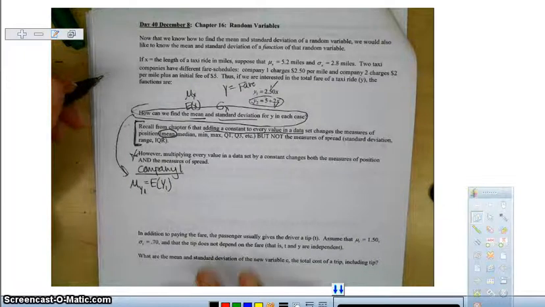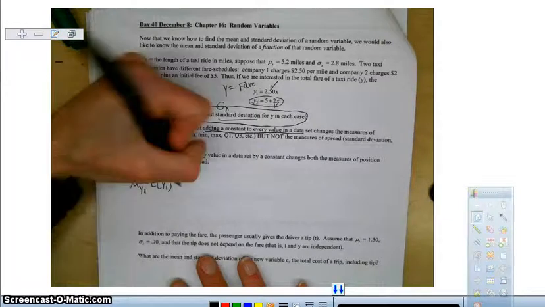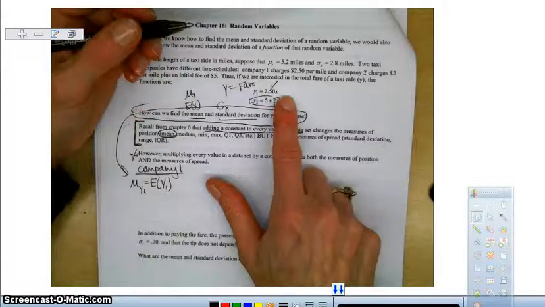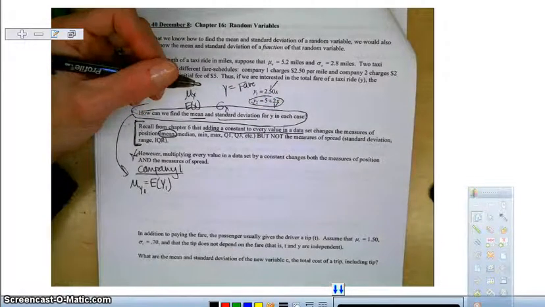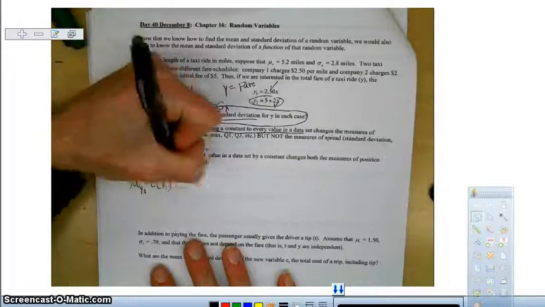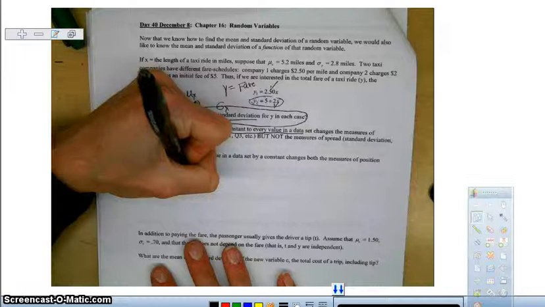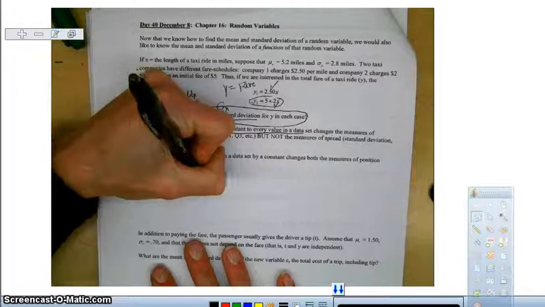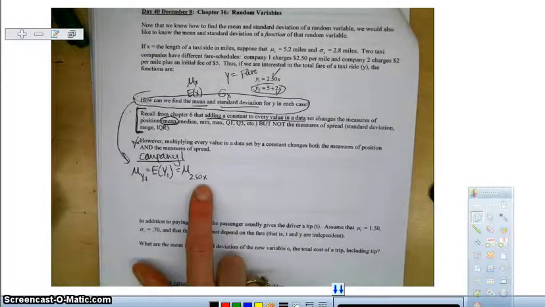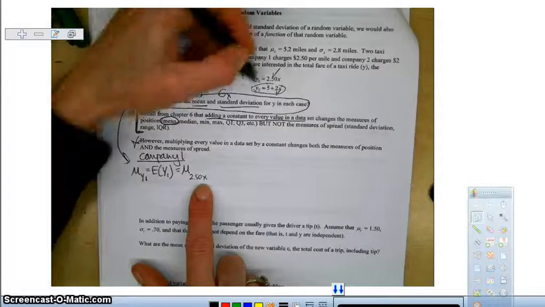Basically, all we have to do is multiply the 2.50 times the expected value for company 1. So the mean of company 1, the expected value of Y, would be $2.50 times X. Isn't Y1 equal to 2.50 times X? Isn't that the formula we wrote up here?